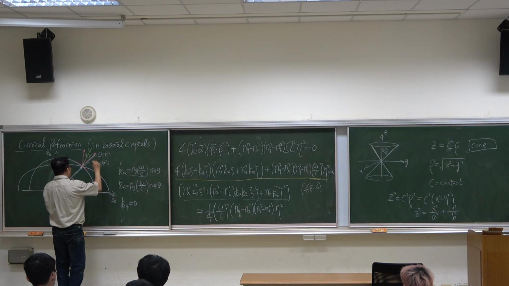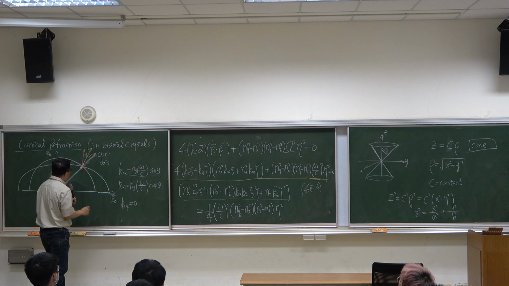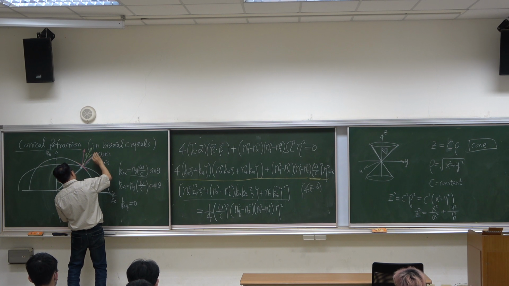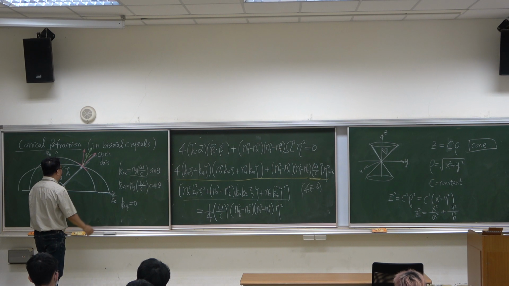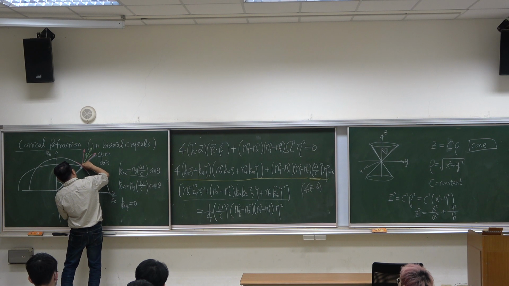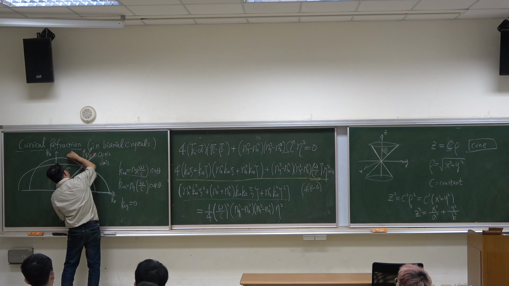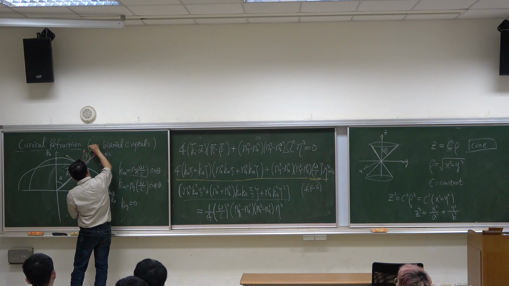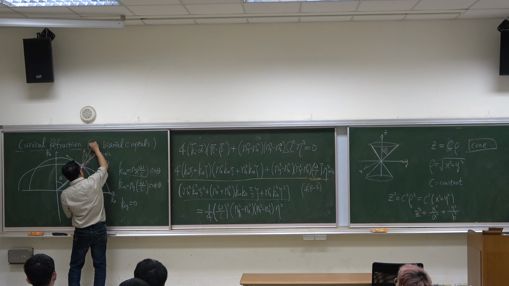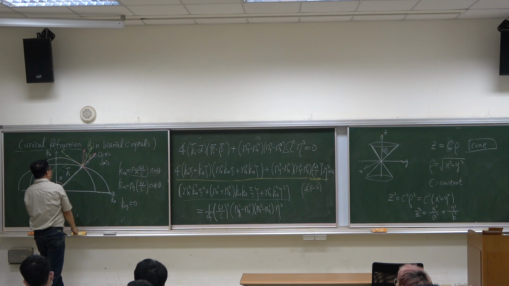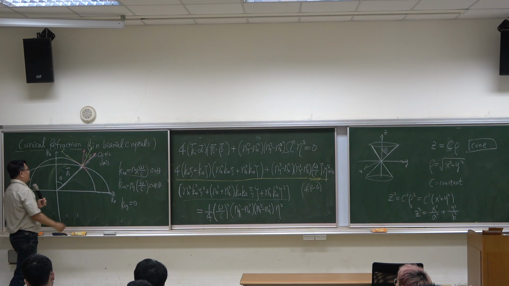We can show that, how to say, we can rotate our coordinate axis so that we have one axis along this direction and the other coordinate along this direction.